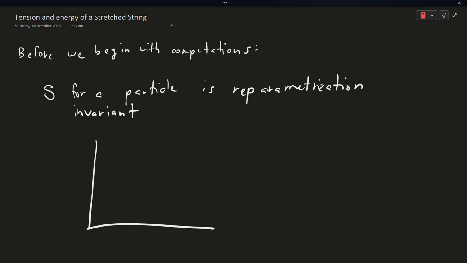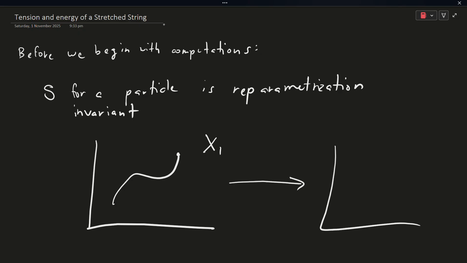So suppose that this is my world line for a certain particle, P, and this is my first coordinate system x1, and then I perform another reparametrization into some x, and then I do a reparametrization to a coordinate system x prime.